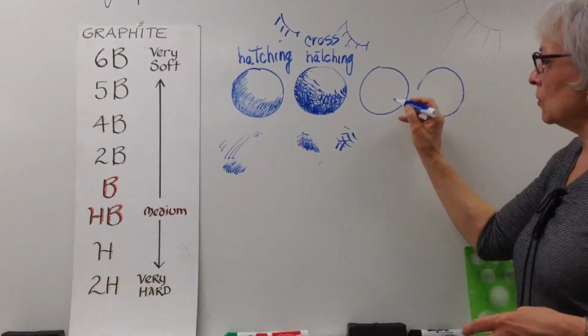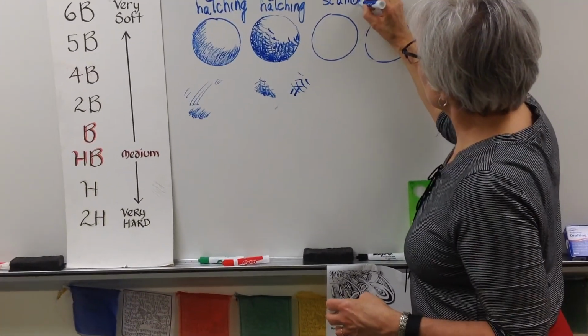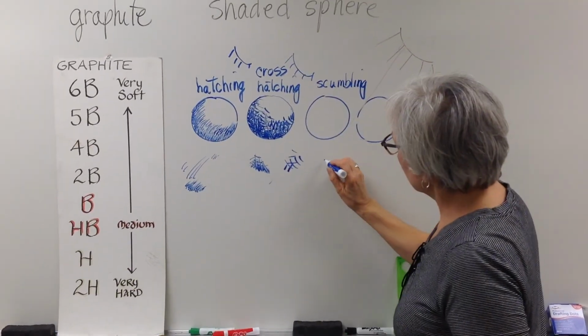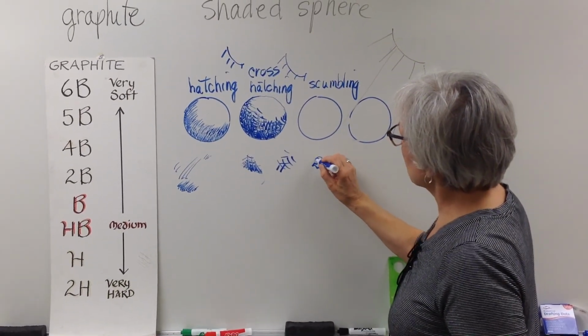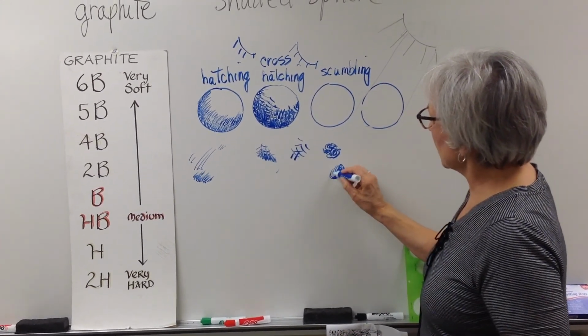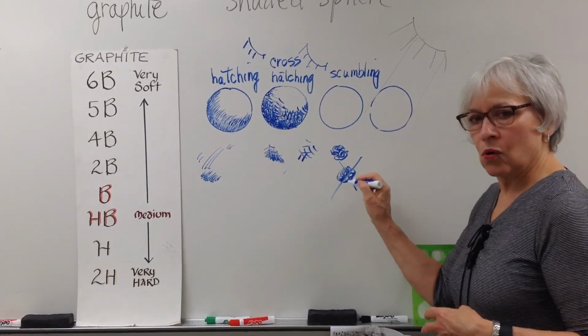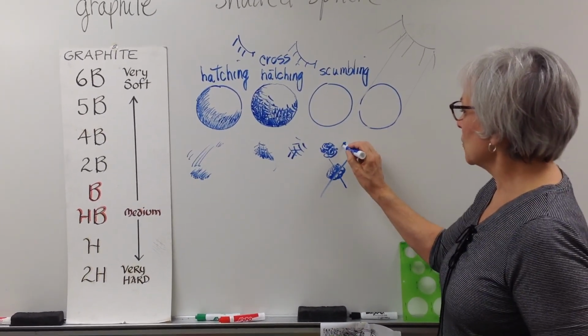The next circle we'll use a technique called scumbling. Scumbling is basically just little scribbles. This is not scumbling. That is not scumbling. You don't want to just go over and over and over again like that. You want to just go in all different directions.